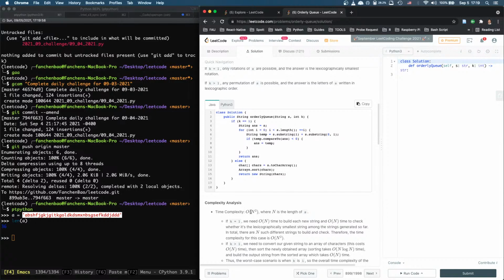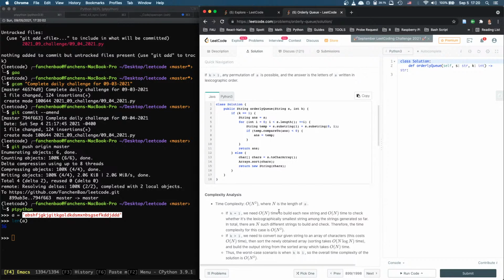Why O(n) squared? Oh, it is O(n) squared because it's rotating, right?